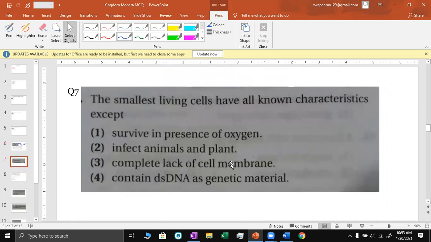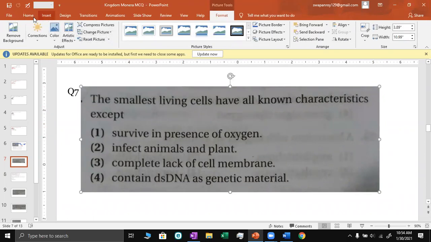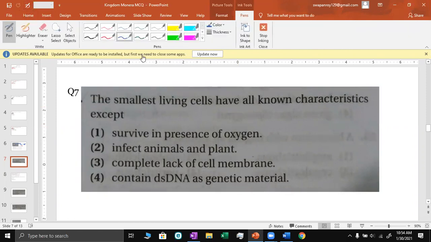Next question: the smallest living cells have all known characteristics except which one?